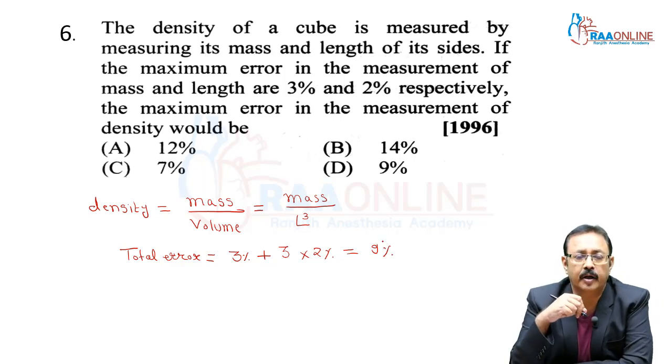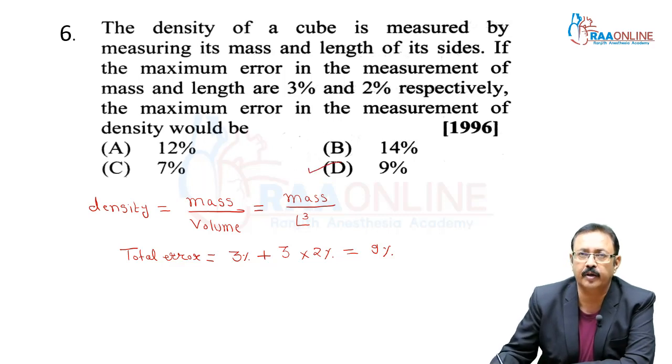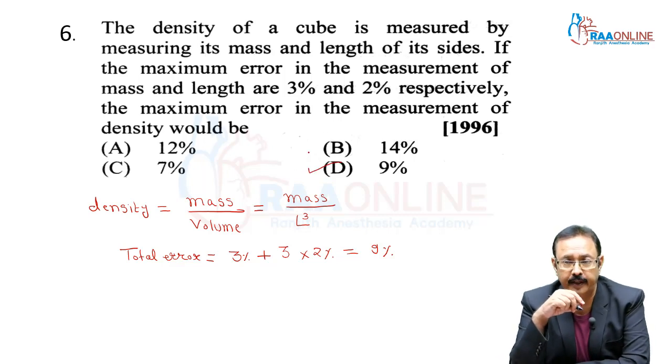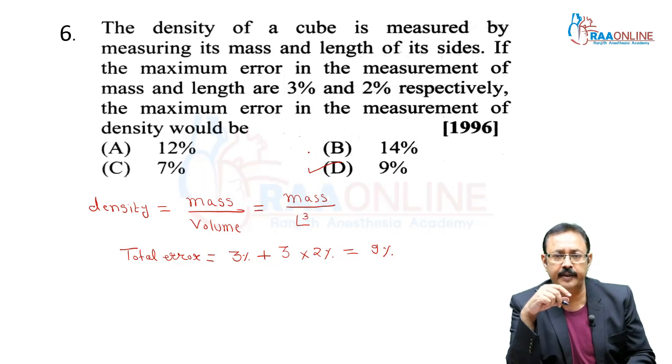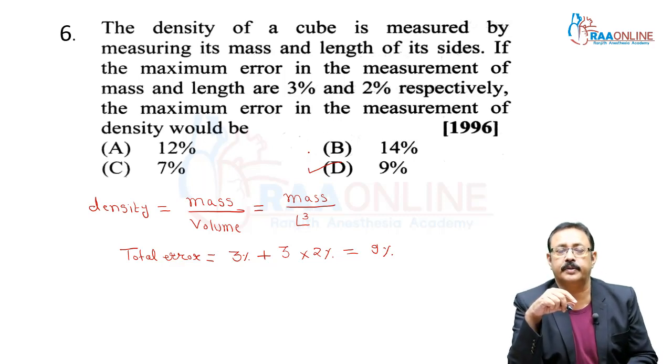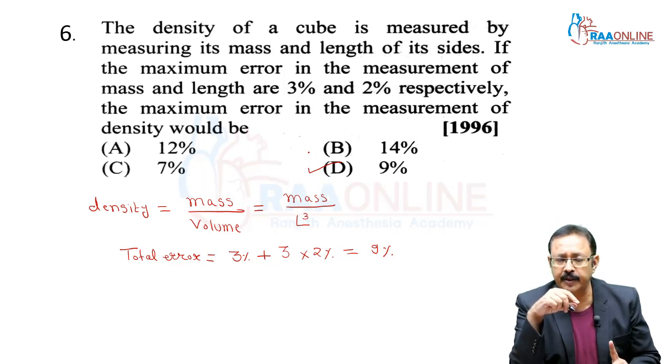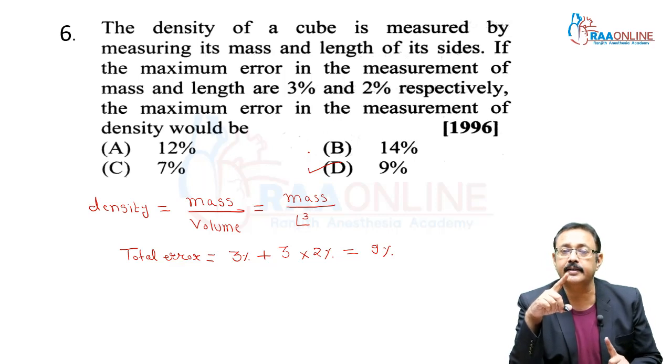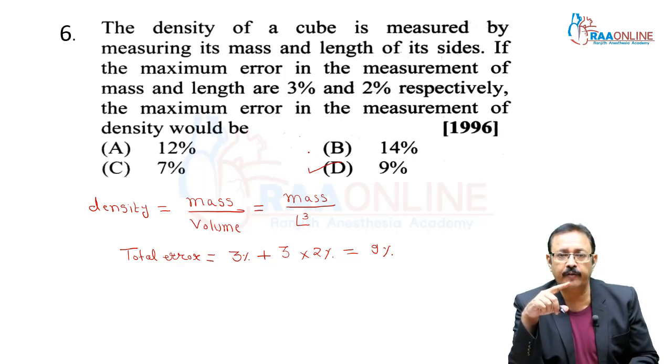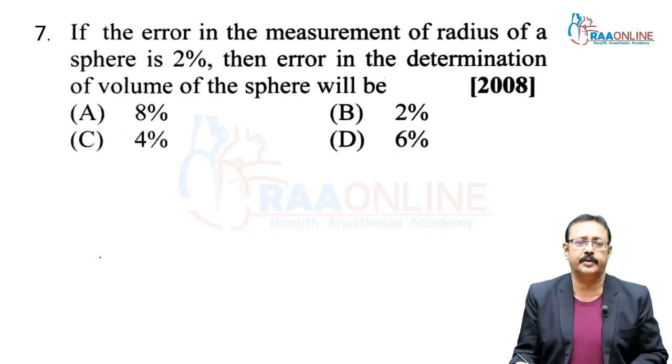It means you are making total error 9%. So we are going with option D. So you can see how easy problems they are asking you in your NEET exam. If you are full with your concepts and concepts are clear, no need to worry, you will get your selection.